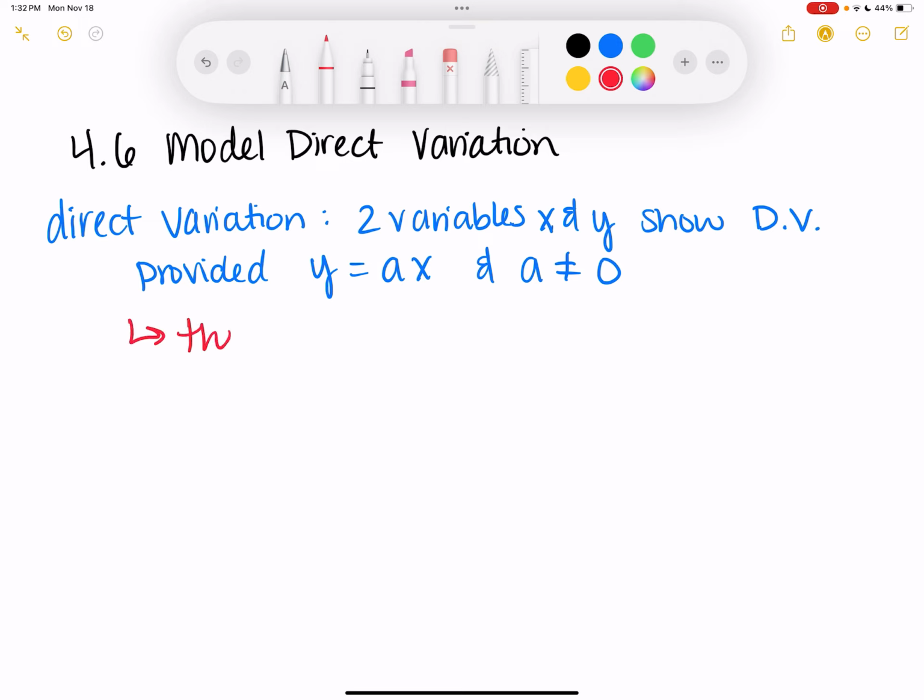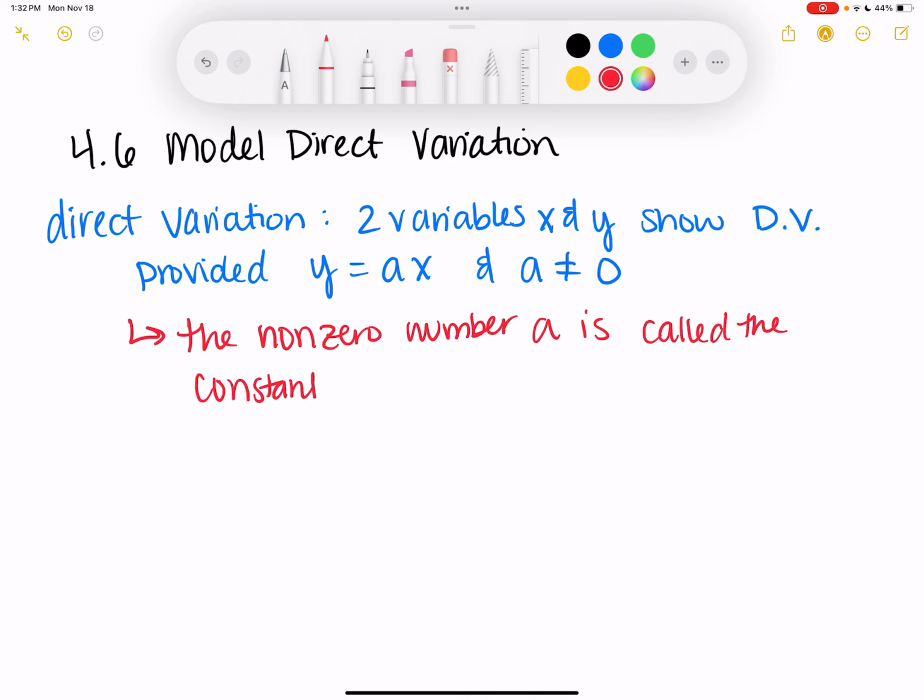The non-zero number a is called the constant of variation. So we say that y varies directly with x is how we will verbally say these things.